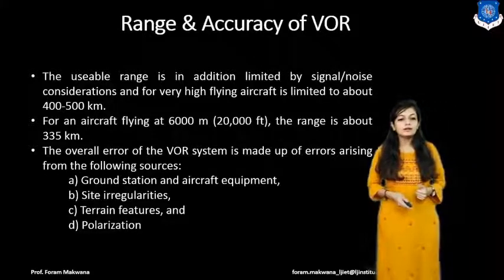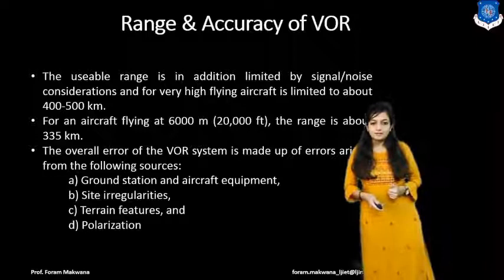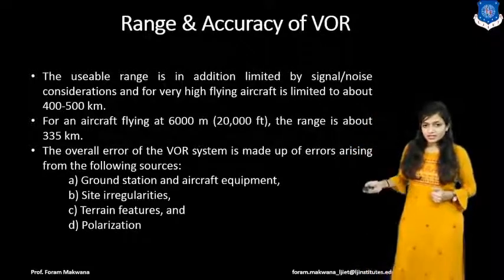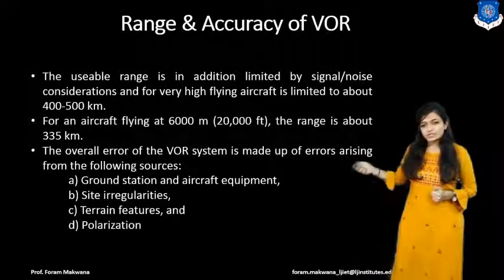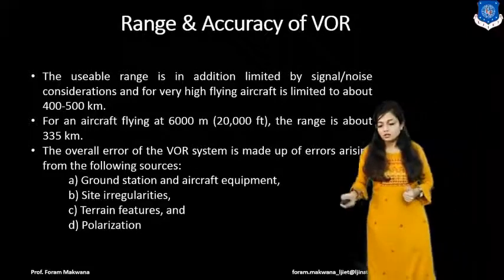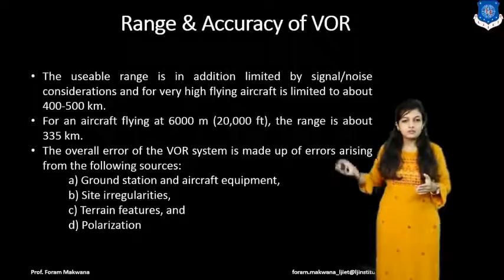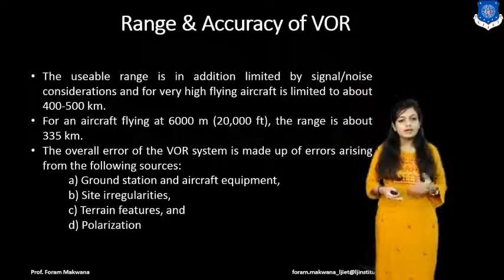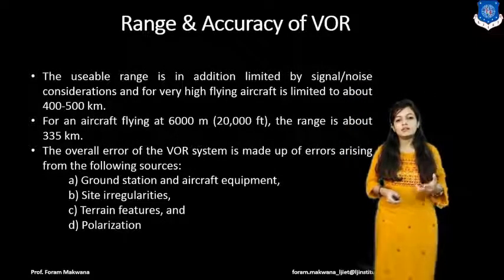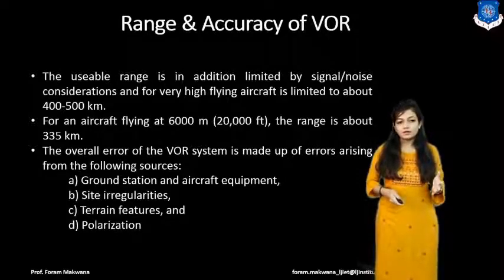And the fourth is polarization. Alright? So these are the sources which increase the errors in the VOR, and they also affect the range and the accuracy of VOR.